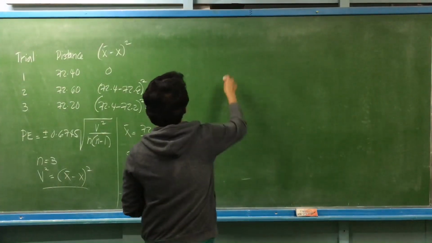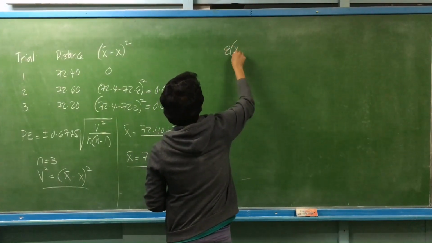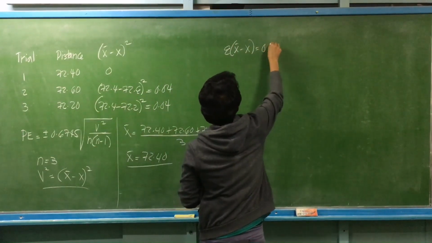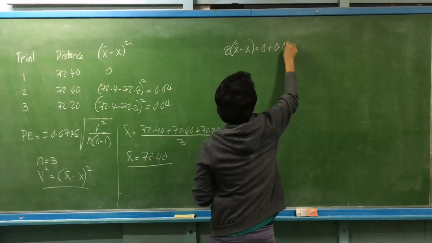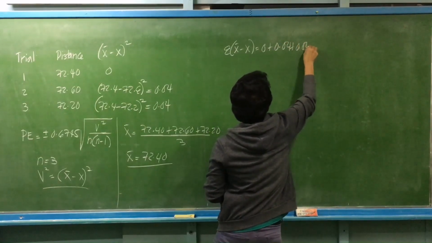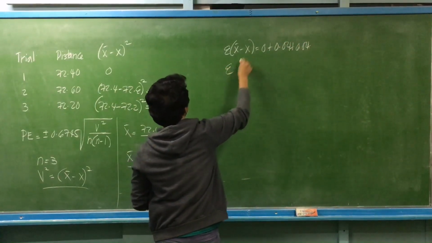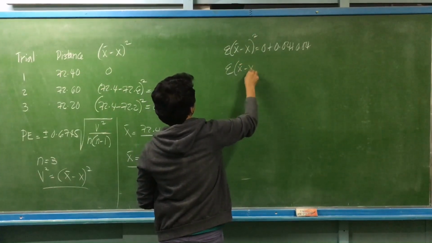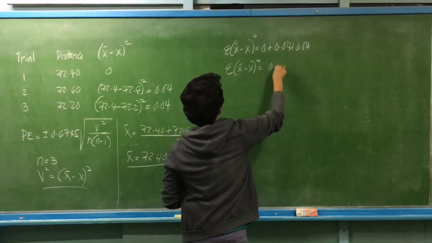So therefore, we'll be having the summation of bar x minus x squared equal to 0 plus 0.04 plus 0.04. So this summation of bar x minus x squared is equal to 0.08.